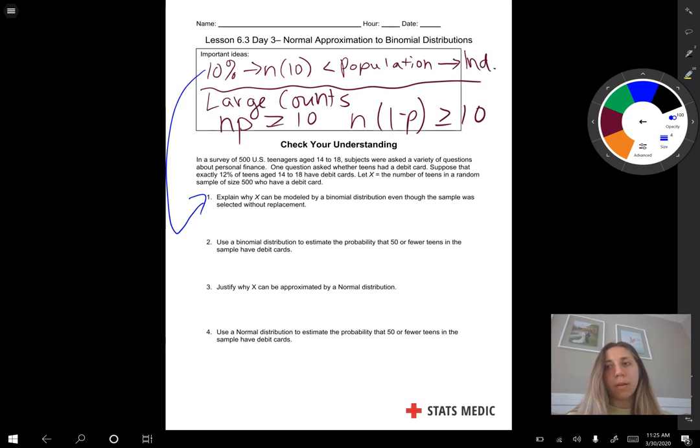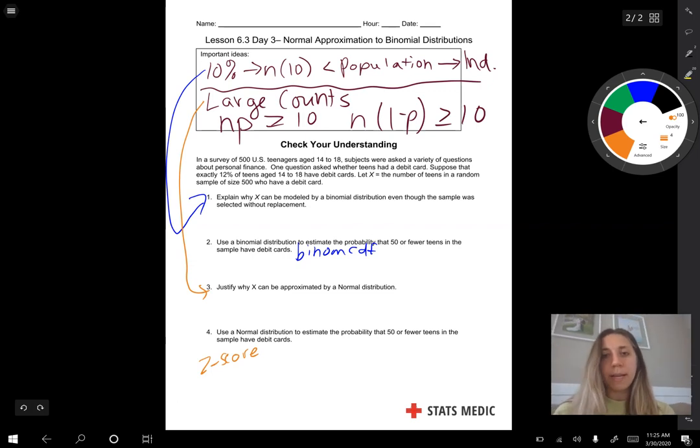So remember, you can use binom CDF for this. And justifying why it can be used as a normal distribution, this is where your large counts comes into play. And actually using this, remember, you need a z-score. So there are some little hints for that.